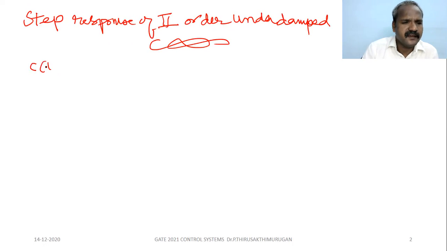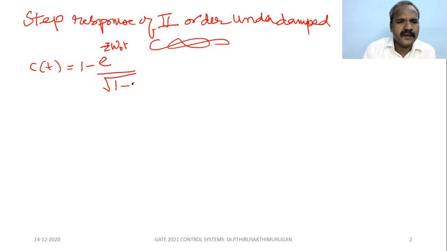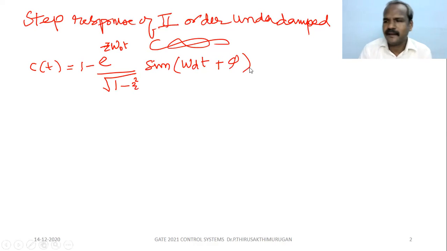C of t equal to 1 minus e to the power minus zeta omega n t divided by square root of 1 minus zeta square, times sine of omega d t plus phi. Am I right?